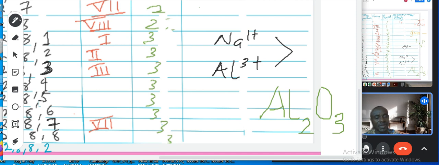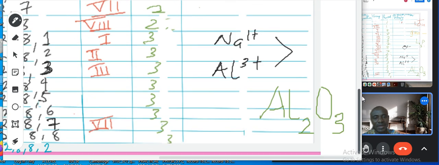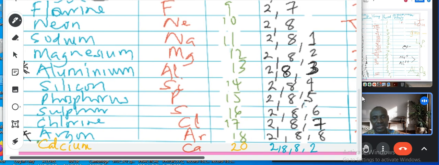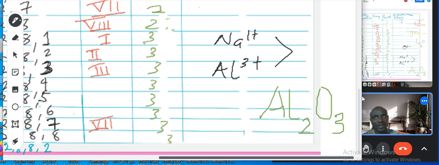Both of them are metals. I made a mistake. They don't combine like that. It's usually a metallic ion and a non-metallic ion. So we can look at maybe aluminum and which other non-metal do we have here? And chlorine. Aluminum and chlorine. Let's see.